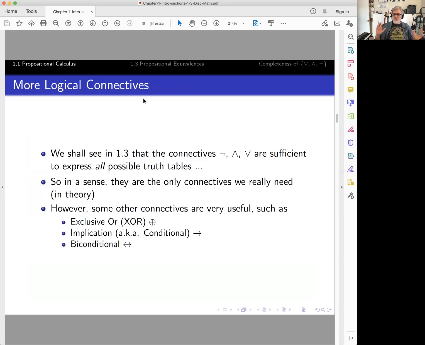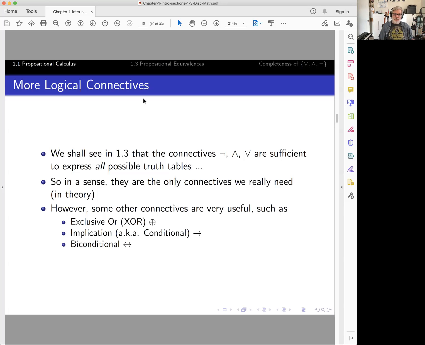Okay, in propositional logic, that's all you need. In a sense, you can build a computer out of three little circuits. If you can replicate them as many times as you wish, you can build any machine using only these three guys, if you have enough of each of them.